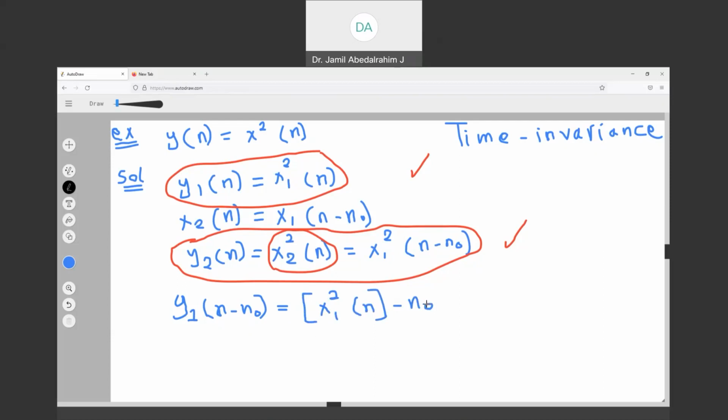We did shifting by n naught for the whole equation.